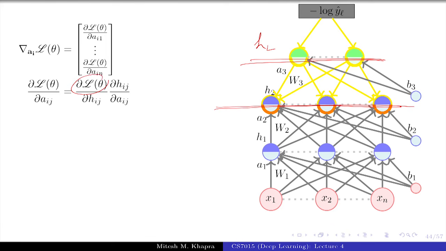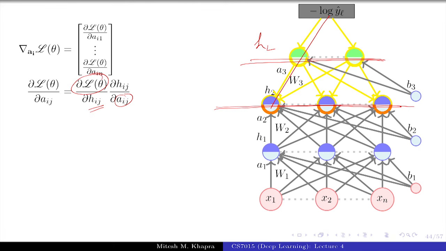I want to go from the loss function to one of the lighter blue ones. So I'm saying that I can go through the intermediary dark blue ones. That's all I'm saying. I've just compressed this entire path up to the dark blue one. Remember I had said earlier that I'll be compressing these chains. Is this clear to everyone? Now how many of these quantities do you know? The first one is what we computed on the previous slide.